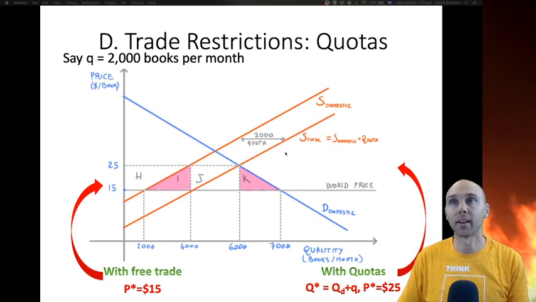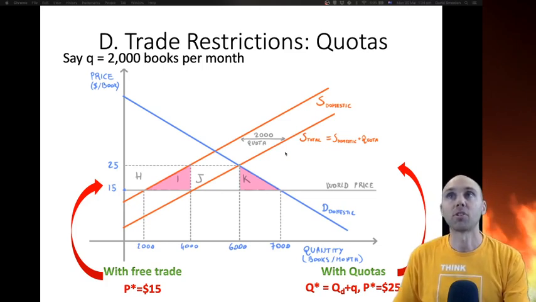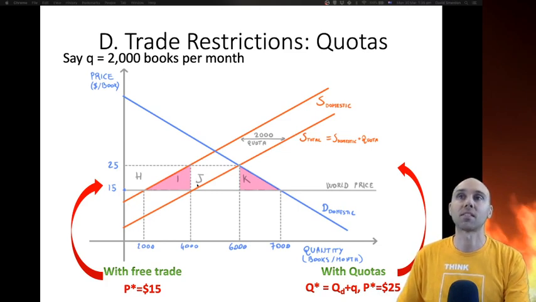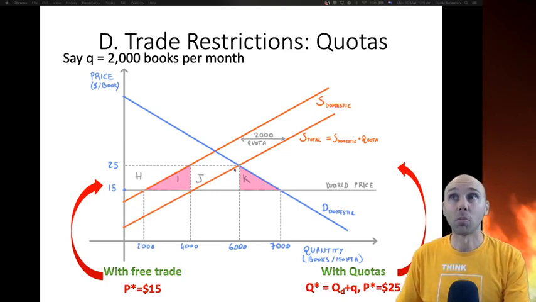So here we look at an example where the government has imposed a restriction of 2,000 units of books per month. And when we put that in place, it means that the supply that the domestic consumers can see is equal to the domestic supply plus a maximum of 2,000 coming from overseas.